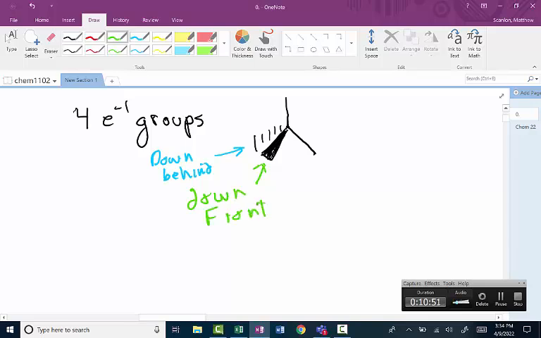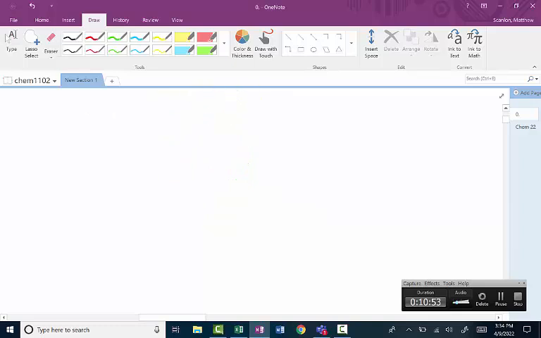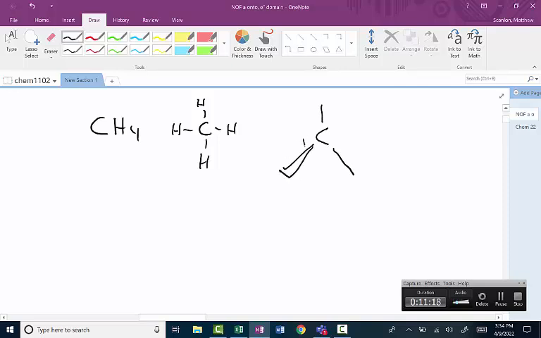Okay? So we'll do some ones right now. There's only 4 of them. So we'll start with an easy one, CH4, Lewis dot structure. But when we put it in 3 dimensions, these hydrogens get farther apart than 90 degrees. So we have to draw this type of structure. And this is exaggerated. Now this is small and it gets bigger as we come out. These are not electron pairs here.